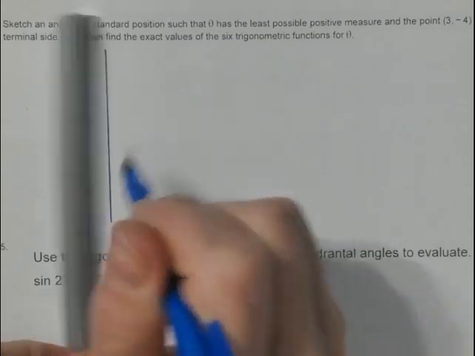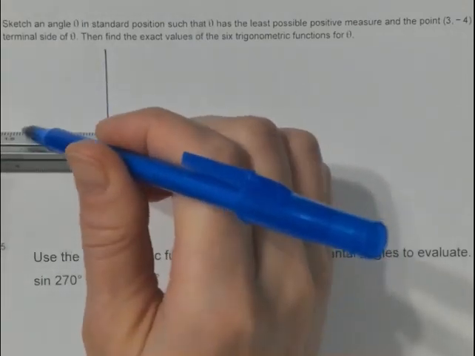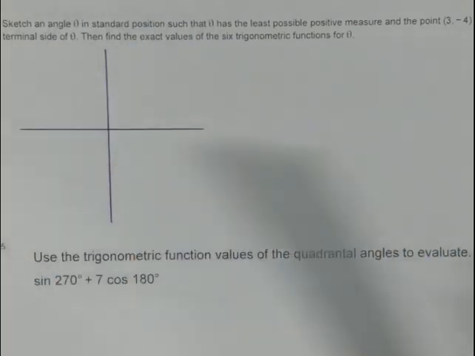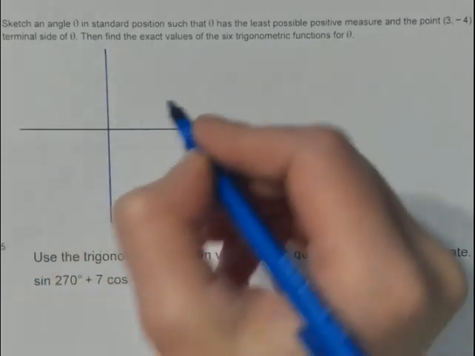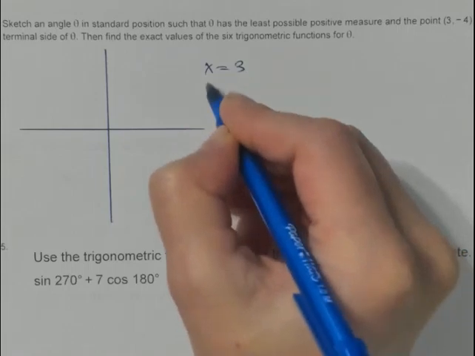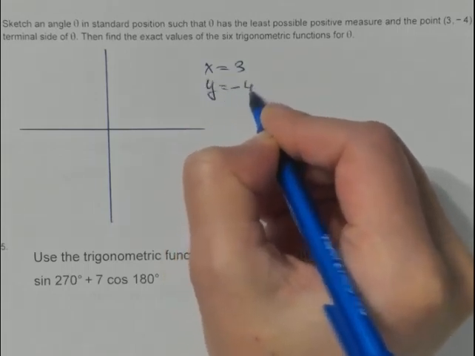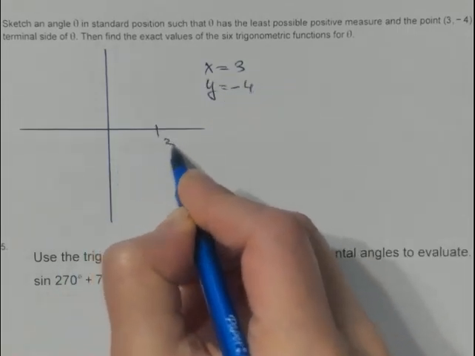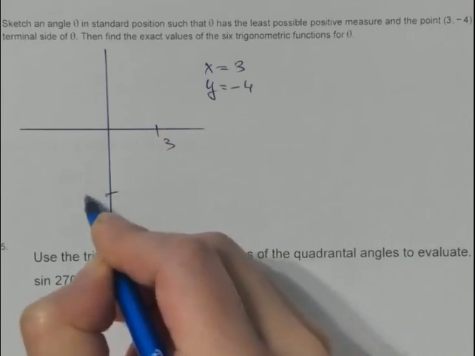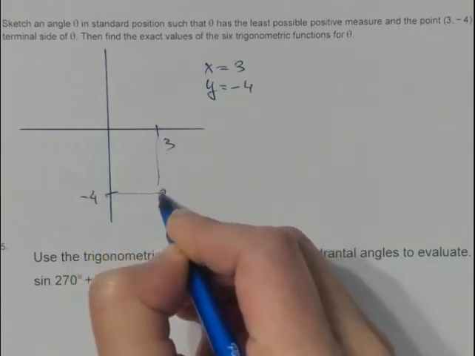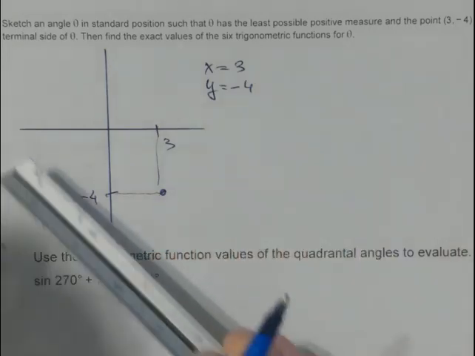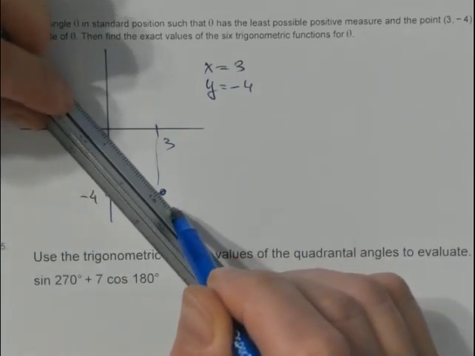It's always very helpful for trigonometric problems. The point has x coordinate 3 and y coordinate -4. So this point lies on the terminal side of the angle theta.